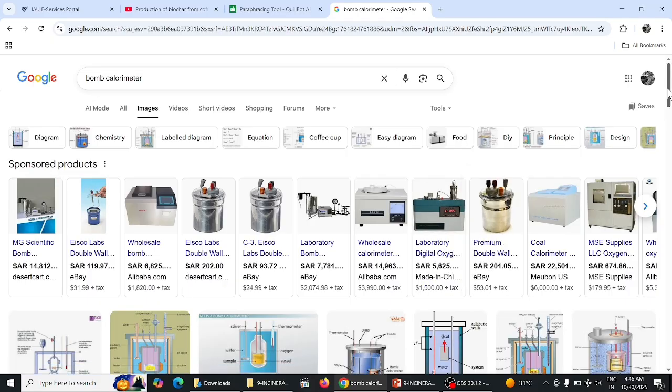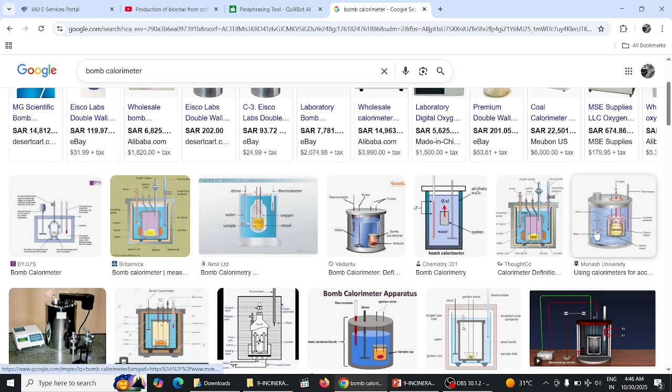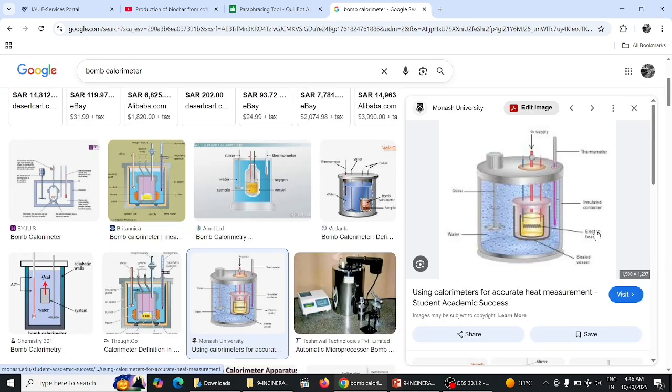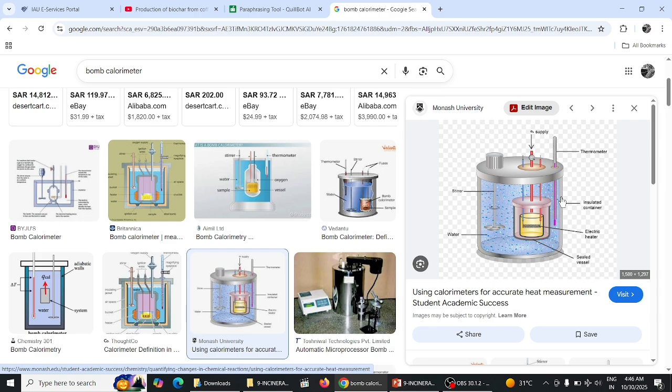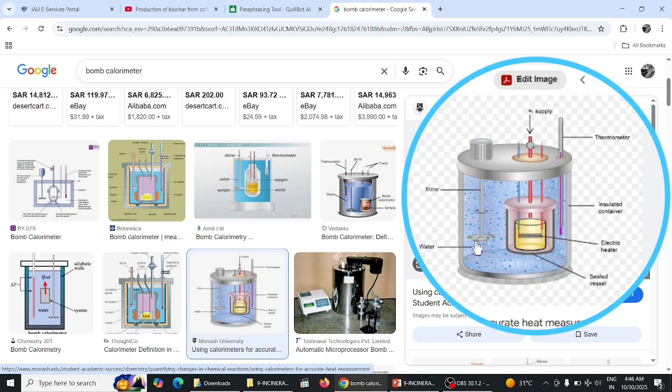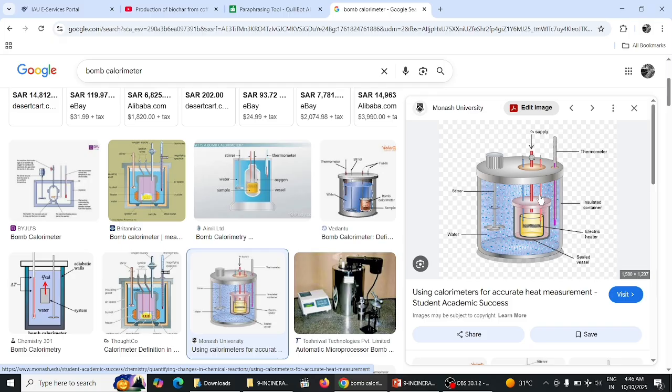Here, this is my electric heater, this is my O2 supply, this is a thermometer, this is my stirrer, this is my sealed vessel, and this is my insulated container which is inside. Here, between the wires, we place our samples.